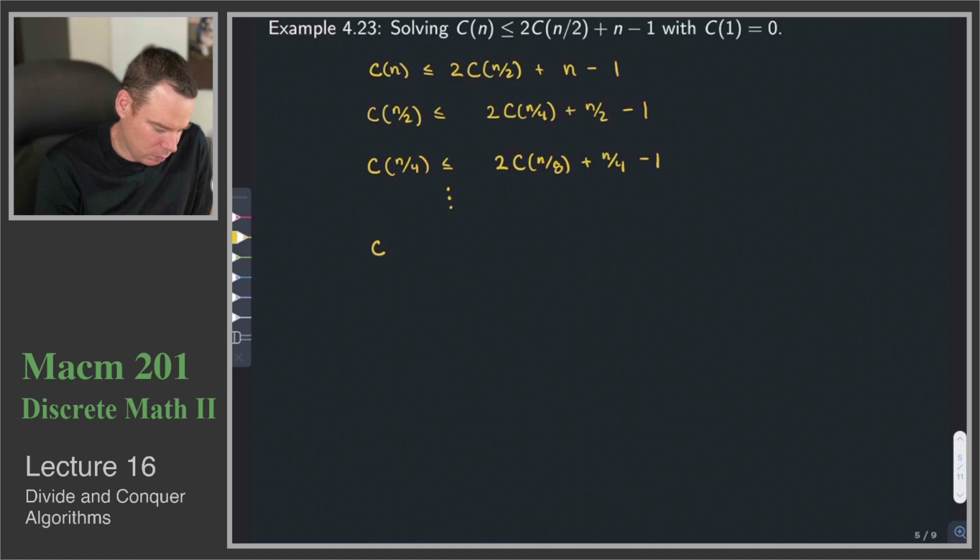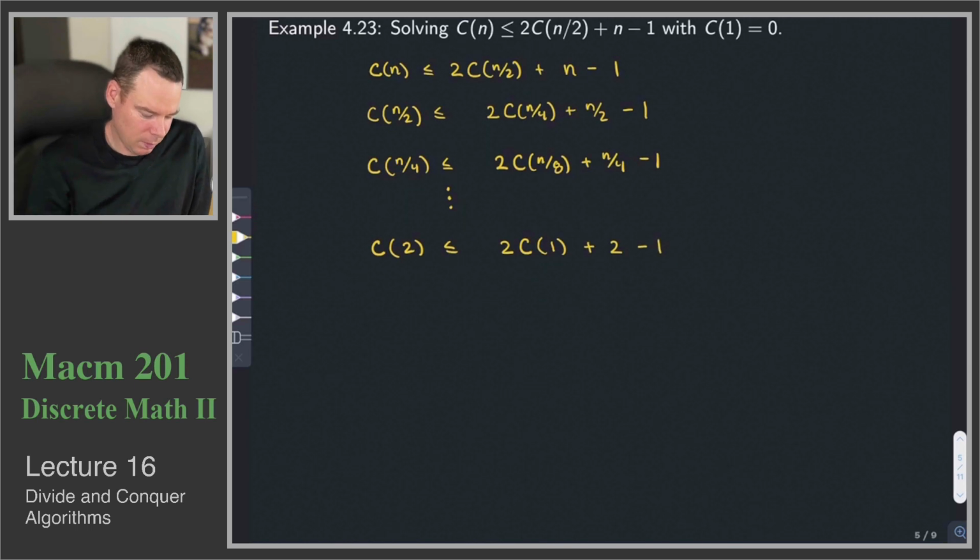We're going to get down to C(2) is less than or equal to twice C of half of 2, which is 1, plus, and then it was 2, so the n value, minus 1. And then we could continue on and get what C(1) is. In this case, it's an initial condition, so I could write down the last equation, but I could also use the fact that C(1) is 0 and just pop it into that expression.